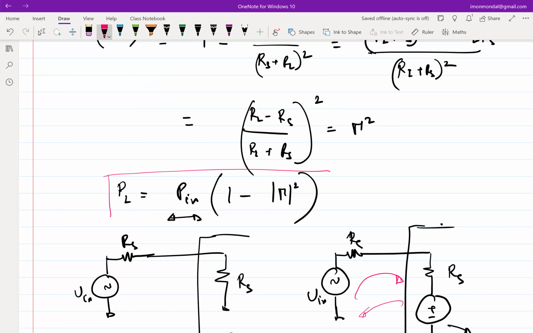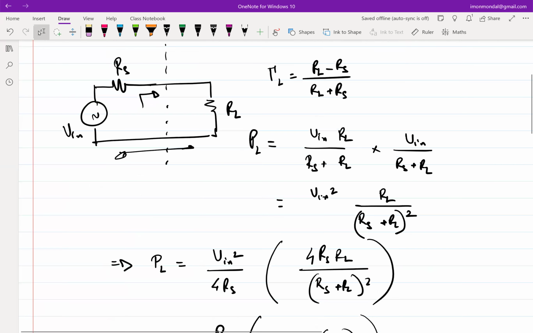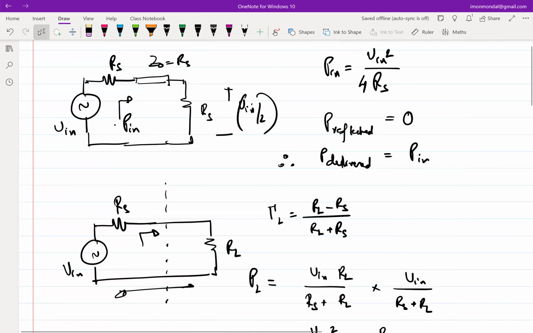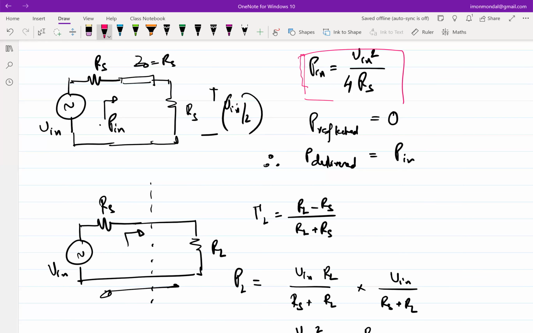So if you look at this, all I have to find out is what is P in and what is gamma. What is P in by definition in this analysis? This P in is the power that is going in under matched condition, right?